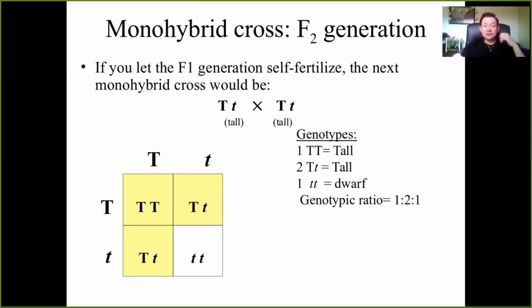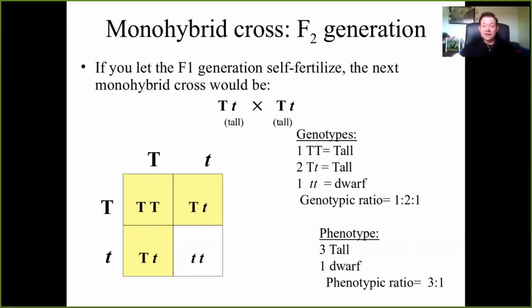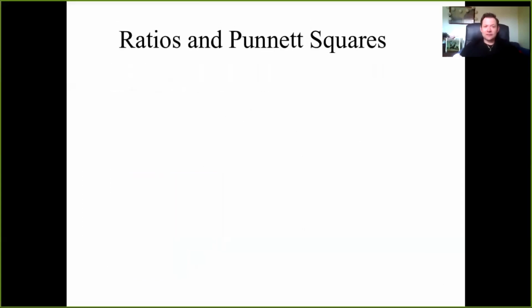So genotypes: 1 TT, 2 big T little t, 1 two little t's. So 1 pure tall, 2 heterozygous tall, 1 homozygous dwarf. The genotype ratio would be 1 to 2 to 1. The phenotype: 3 tall, 1 dwarf. Phenotype ratio, 3 to 1.